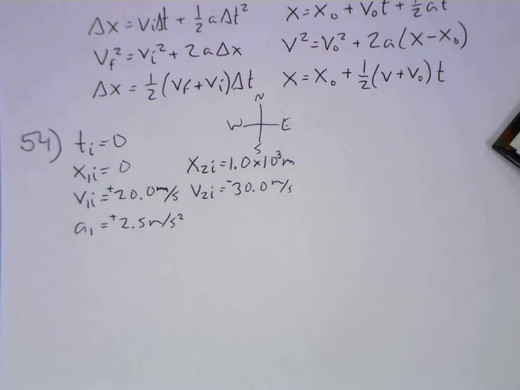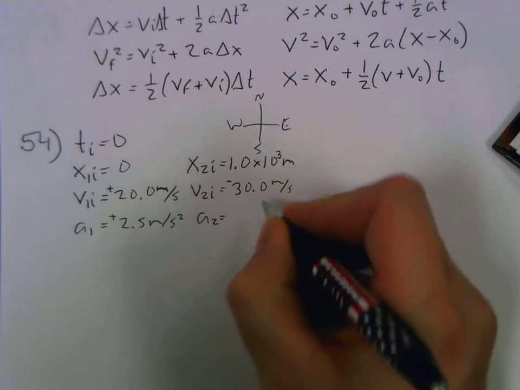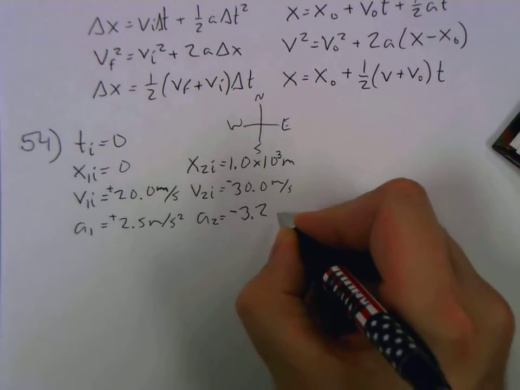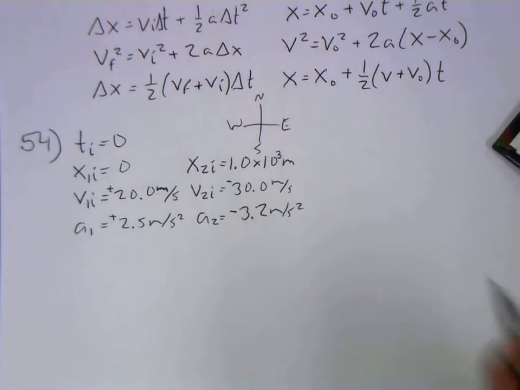And then it says that car 2 is slowing down with an acceleration of magnitude 3.2. So that means that acceleration 2 is negative 3.2 meters per second squared. Hold on a second. v2 initial. Due west. Oh, wow.